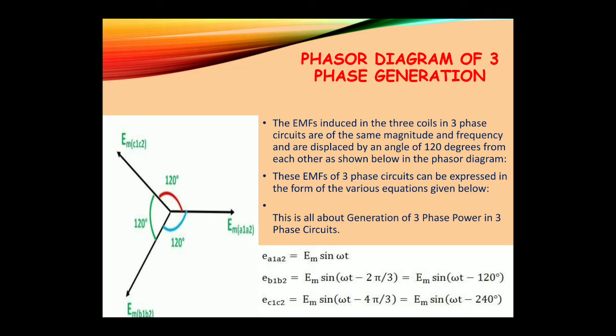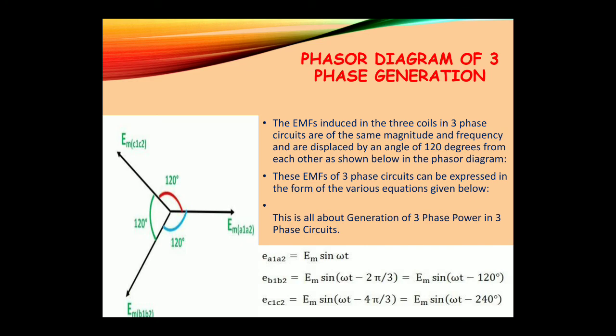So EM sin omega t minus 120 degrees, and EC1 C2 equals EM sin omega t minus 4 pi by 3, which equals minus 240 degrees. That means EC1 C2 equals EM sin omega t minus 240 degrees.